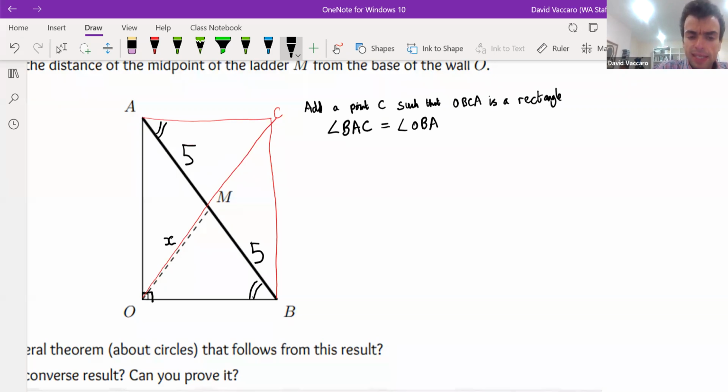Angle BAC is equal to angle OBA because they are alternate. Similarly, angle OCA, the one I've just drawn, is equal to angle BOC, and they are also alternate.